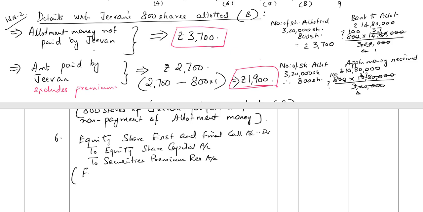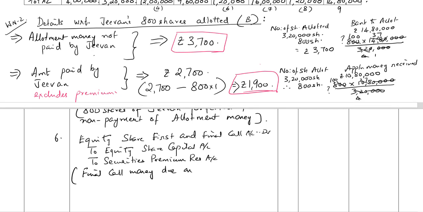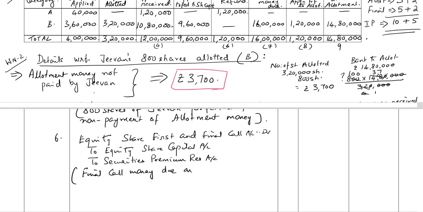This is for the final call money due on the total number of shares issued, which is 3,20,000 shares, and we forfeited G1's 800 shares. So the final call money will be made due on 3,19,200 equity shares.